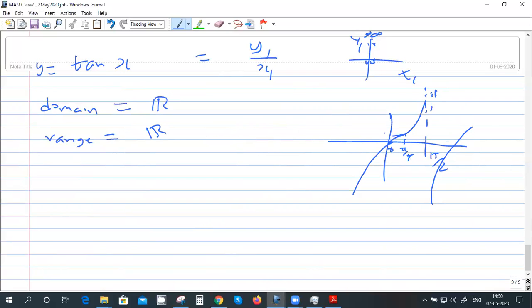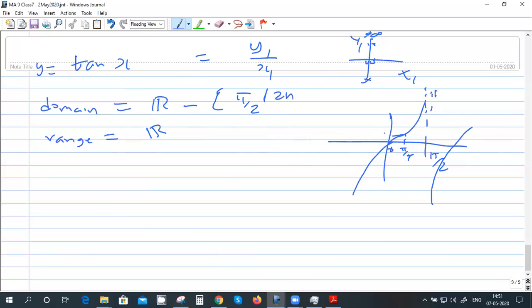There is no restriction on the range of tan. There is only one restriction on the domain, because it's not defined at pi by 2, right? At points like pi by 2 and this one on the y-axis, it's not defined because it's shooting to infinity and minus infinity. So we have to remove those points.